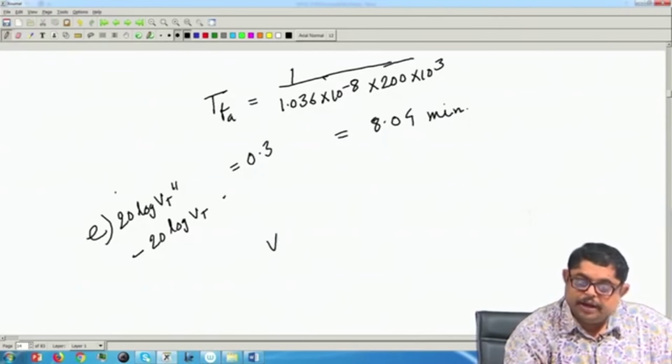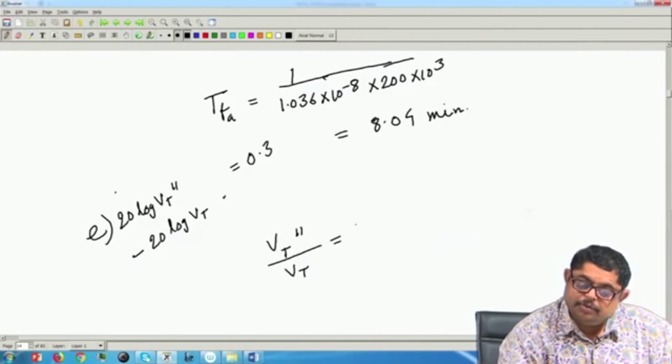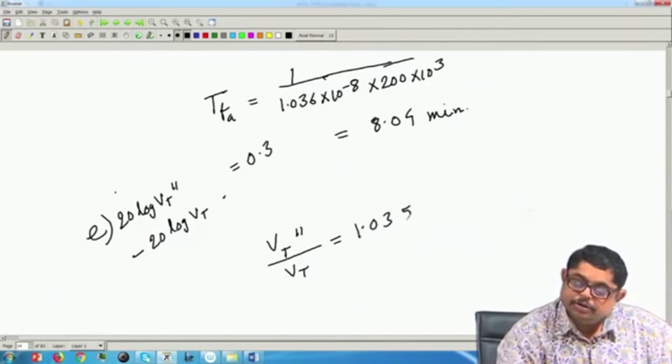For that you can solve, and Vt double dash by Vt will be 1.0351.